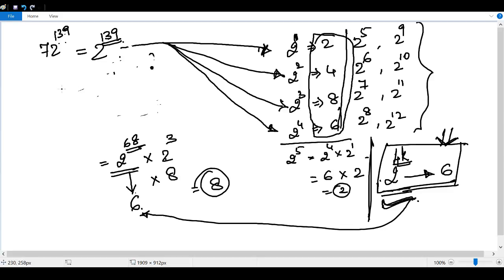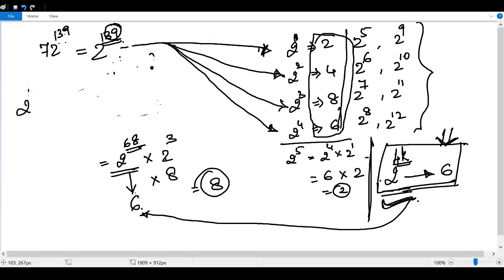Now I am looking at 2 power 139. So now 139, I know 4's divisibility rule, right? 4's divisibility rule means the last 2 digits. Now these last 2 digits are 39. So because I am looking at a multiple of 4, I will use 4's divisibility rule.